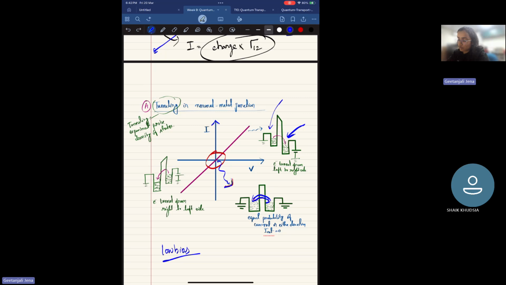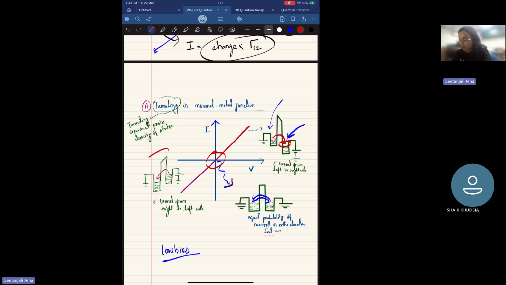Because of that, we can see that there are available states around this region where the electron from the left side can tunnel to the right side. So when we apply a positive bias, it is possible for electrons to tunnel from left to right. And if we increase the voltage, then the number of available states will increase and the current will also increase. So that is why it shows a linear plot.